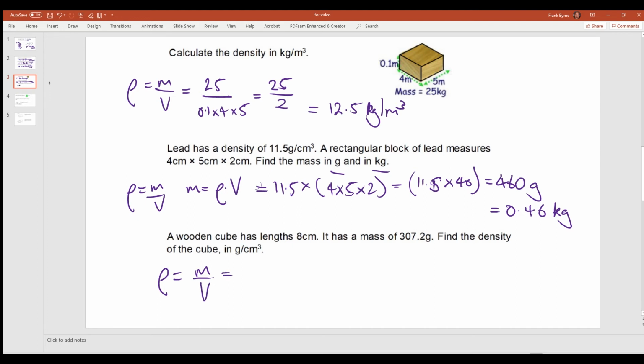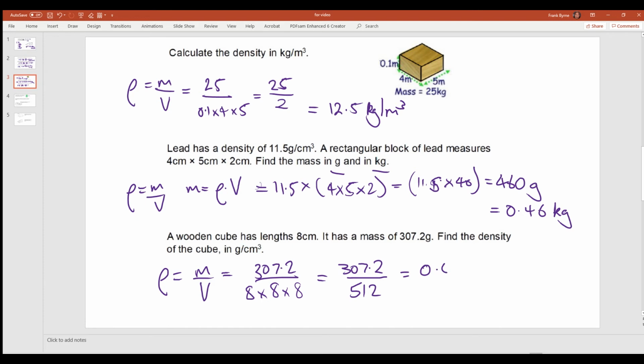The mass is 307.2 grams, and it's a cube, so we want the answer in grams per centimeter cubed, so 8 times 8 times 8, which is 512. So 307.2 divided by 512.